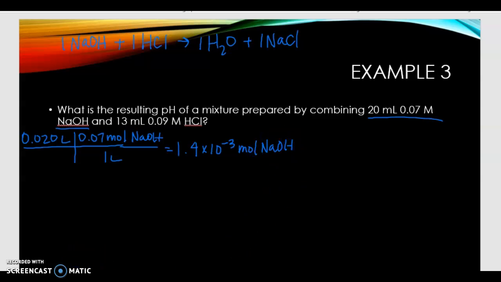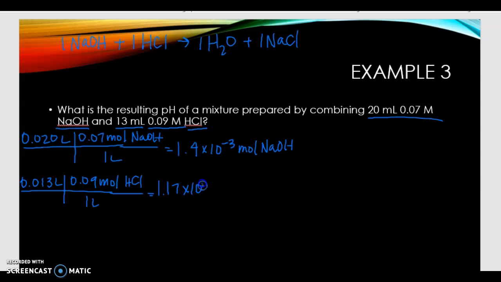And then we're going to do the same for our acid. We have 13 mils of 0.09 molar of HCl. So we have 0.013 liters and 0.09 moles of HCl for every 1 liter. Okay, so we're going to multiply those two together. We get 1.17 times 10 to the negative 3 moles of HCl.